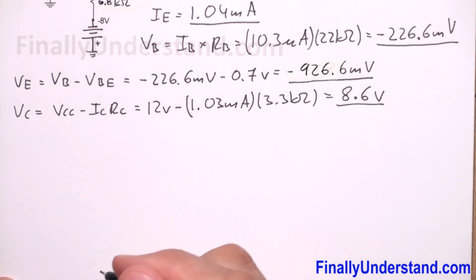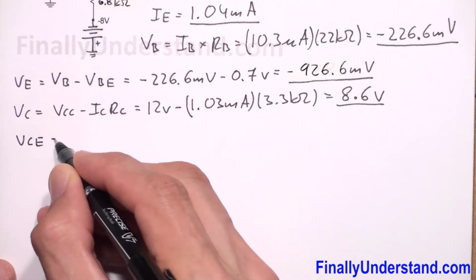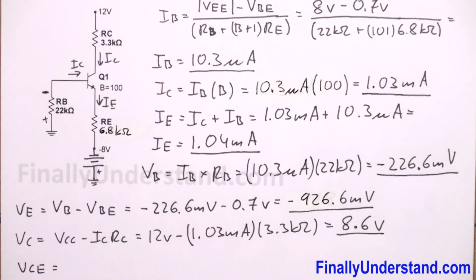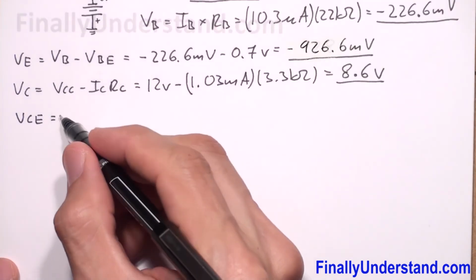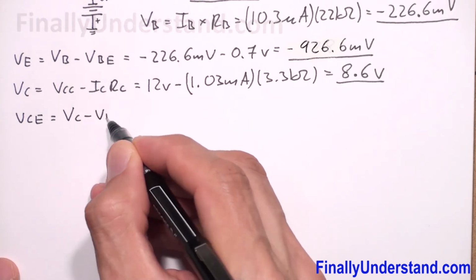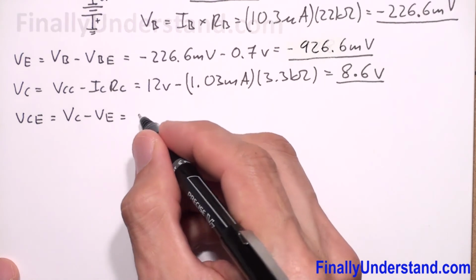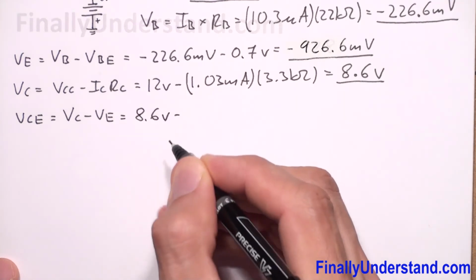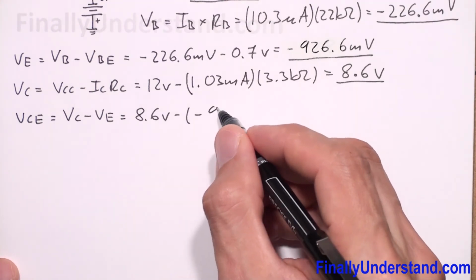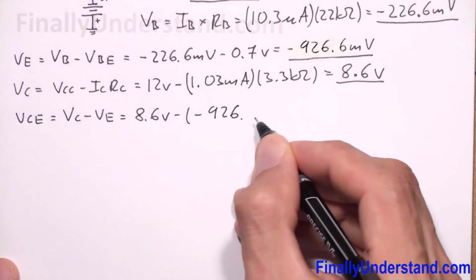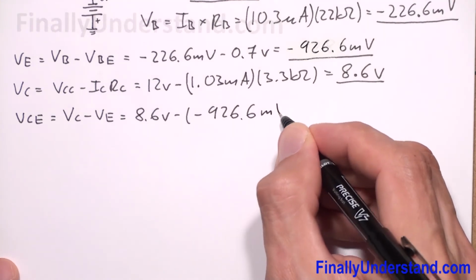And next we're supposed to find VCE. VCE is the voltage between the collector and emitter. So we're supposed to simply subtract VC minus VE. We found that VC is 8.6 volts minus VE, which is negative 926.6 millivolts.